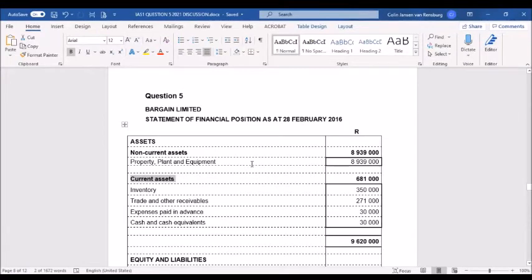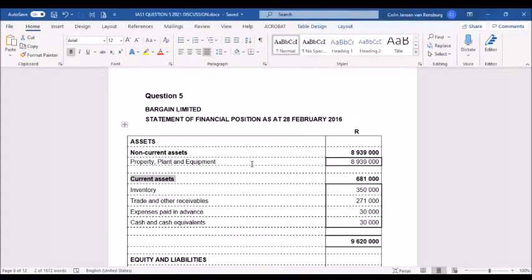We said there could be property, plant, and equipment. Those are most of your tangible assets. You can have intangible assets like patent rights and copyrights where you earn royalties from. You can have financial assets such as long-term monetary investments or shares that you own over the long term in another company.